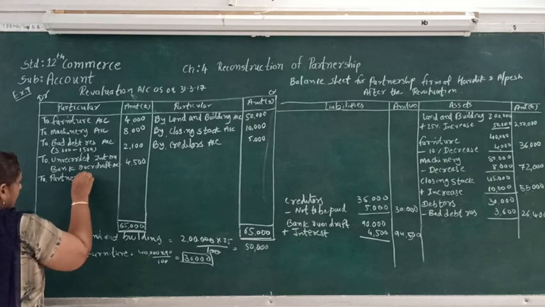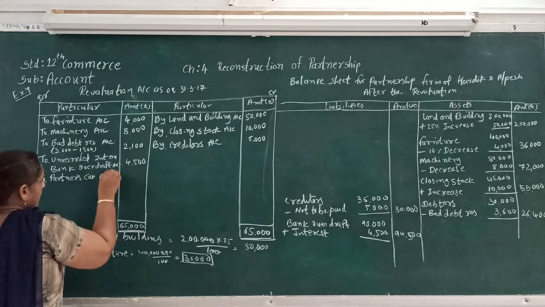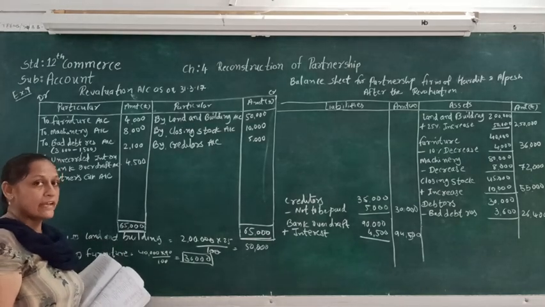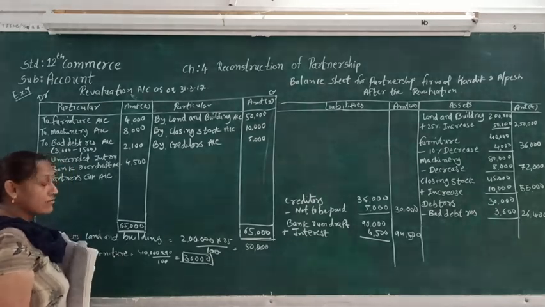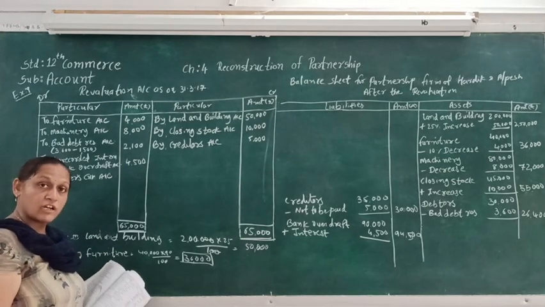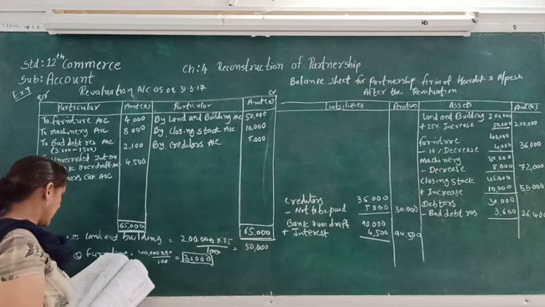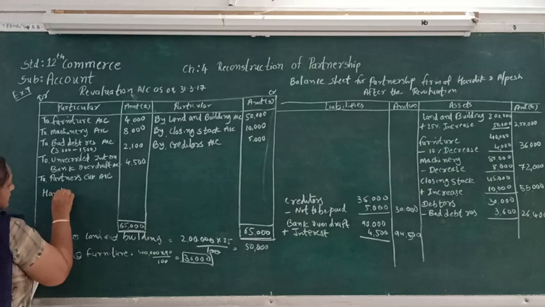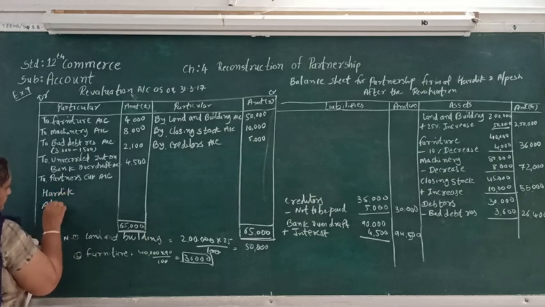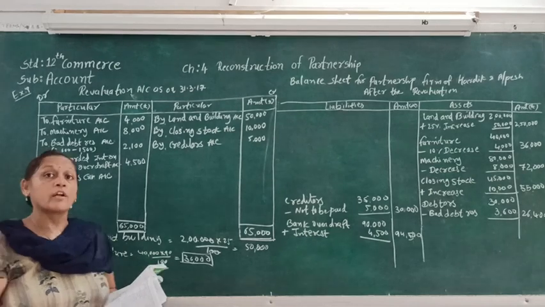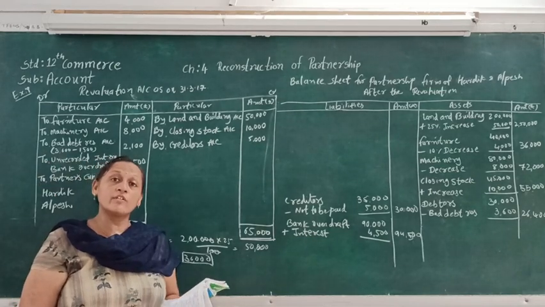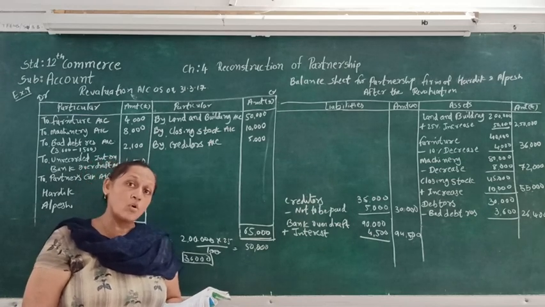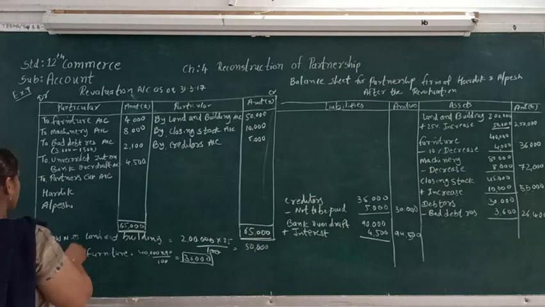Here we have to write partners current account as we discussed before that there is a fixed capital account method, and in a fixed capital account method we have to pay the profit of the revaluation account to the current account. So here current account of Hardik and Alpesh, and as we discussed before that the profit of the revaluation account will be distributed in old profit sharing ratio, and here old profit sharing ratio is 5:3.